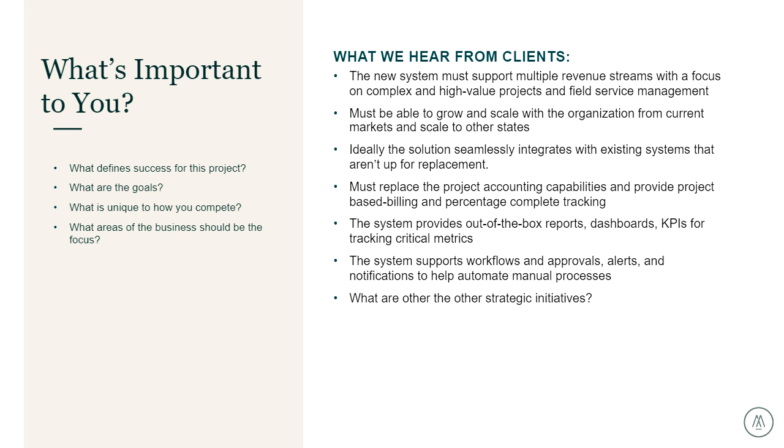And then I'll touch on workflows, approvals, alerts, and notifications to help automate your manual processes. How do we get, for instance, a bid out to our potential customer faster through making sure that it goes through the necessary folks in our organization for approval?